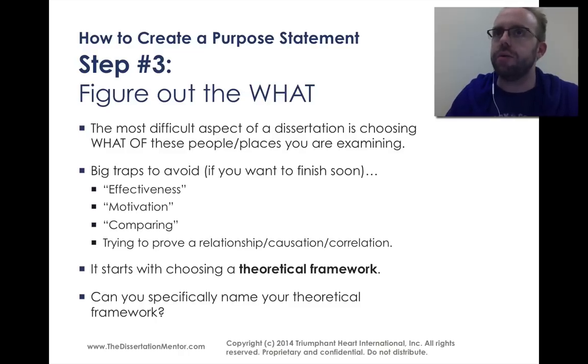Think about organizations and companies that want to understand cause and effect, relationships or correlation. These are all different ways of looking at something. They pay hundreds of thousands of dollars over many years to get a research firm to do this type of study. I imagine you don't want to take many years and a lot of resources to finish this process. So my recommendation is to avoid traps like these, because they're the traps that really hold you back.